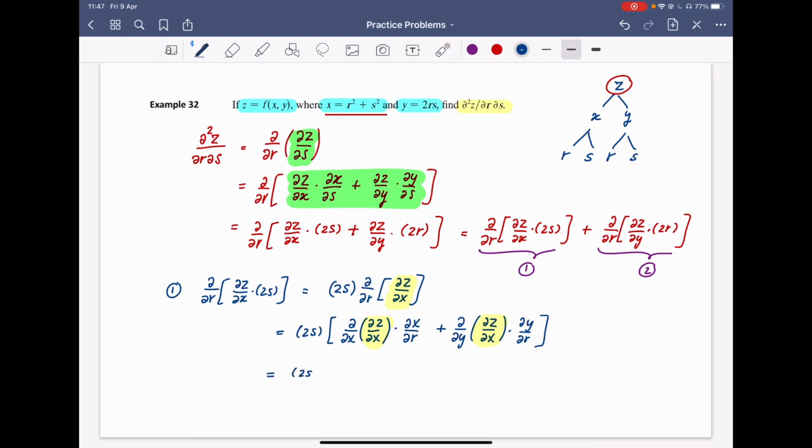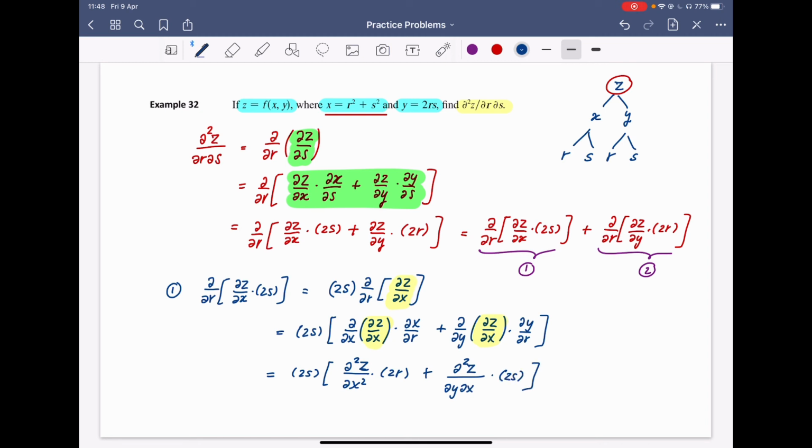So this is 2s. This is the second order derivative of c, differentiate with respect to x two times, and then times ∂x/∂r, which you know is 2r, and then here is going to be that notation, and then differentiate y with respect to r, so you get 2s.